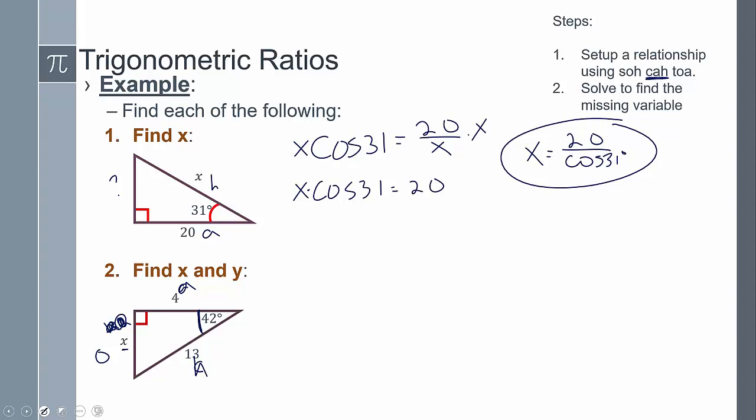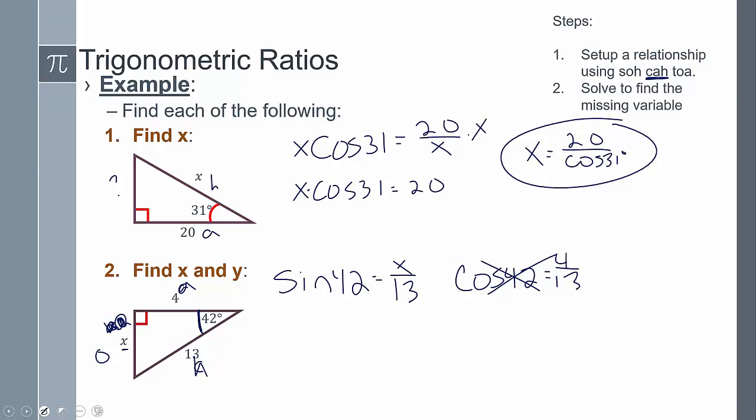So SOHCAHTOA, whatever equation I want to use to be able to find it, I could say the sine ratio of 42 equals opposite over hypotenuse. I could say the cosine ratio of 42 equals adjacent over hypotenuse. Oh, look at that. The variable that I need isn't in there. That wouldn't work.